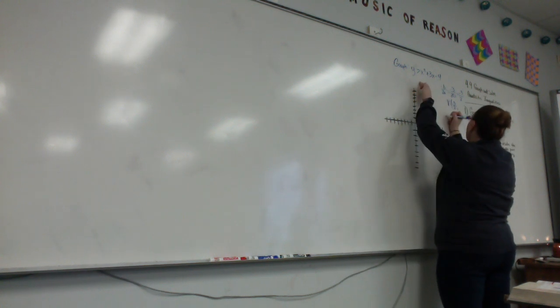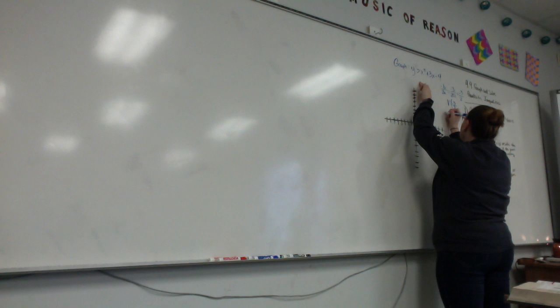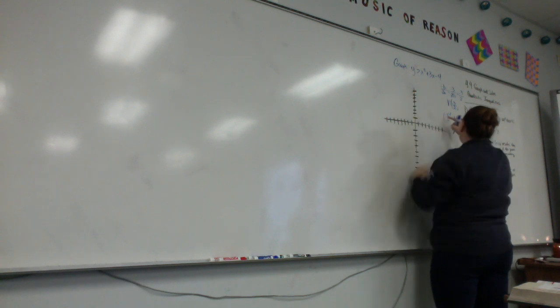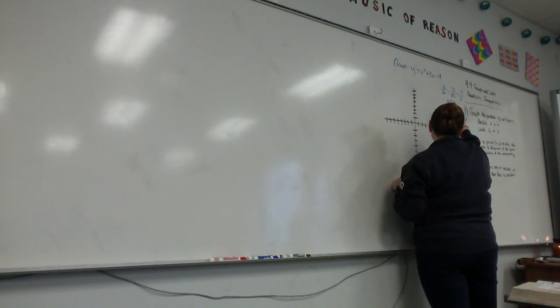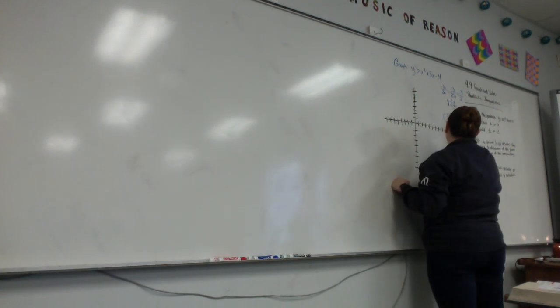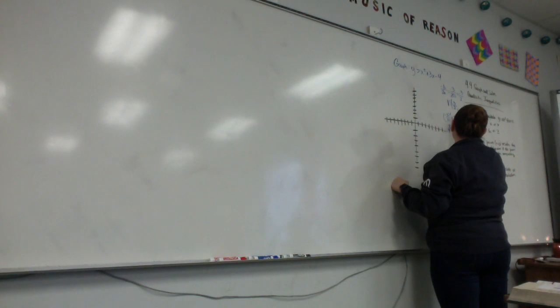So I'm going to say negative 3 over 2 squared plus 3 times negative 3 over 2 minus 4. What is negative 3 squared? 9. What's 2 squared? 4. So I have 9/4. And I'm going to have minus, right? Because what's 3 times negative 3? Negative 9.